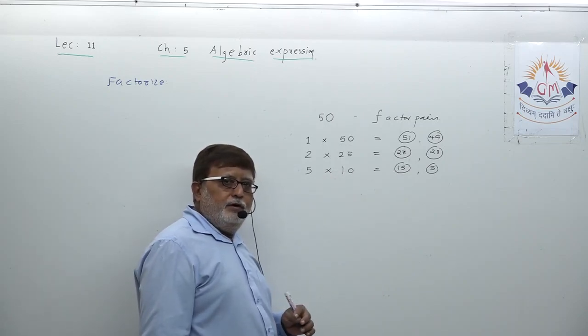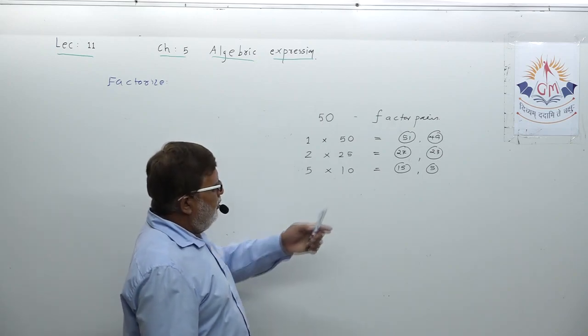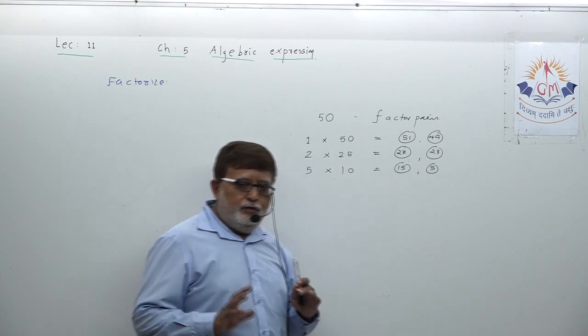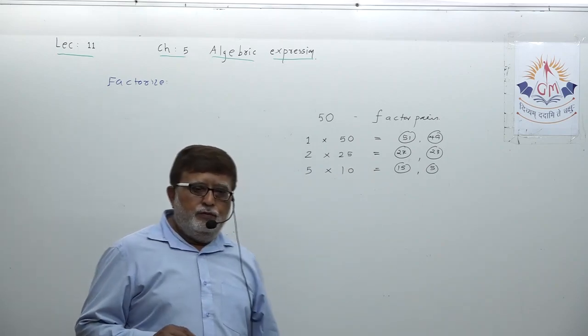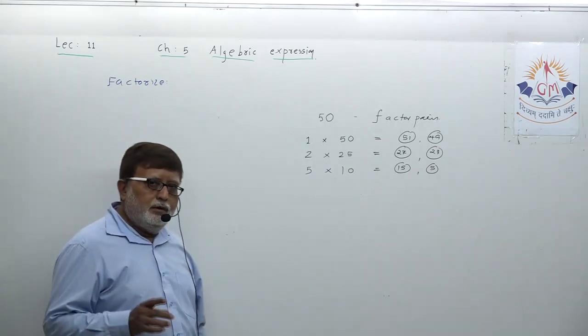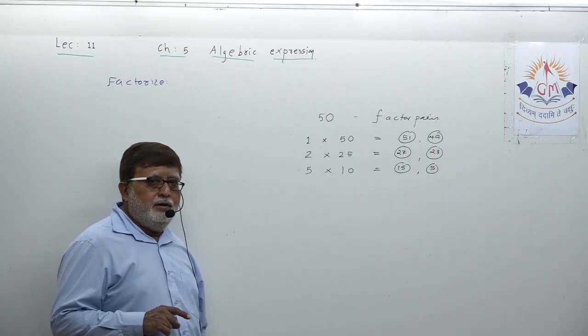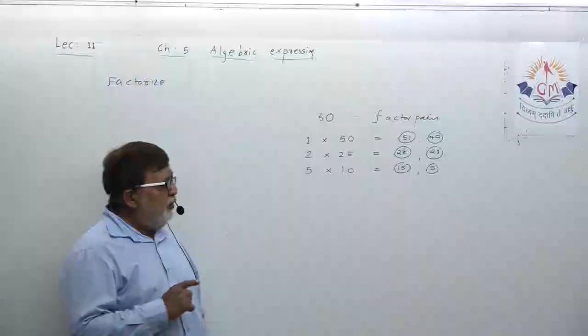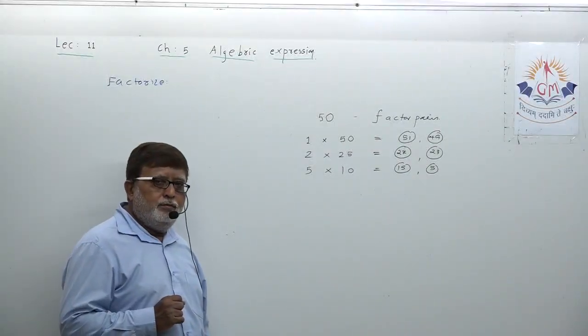Which are the factors of 50 whose subtraction is 49? 1 and 50. This is the logic you will encounter again and again when you solve examples based on the splitting term method.